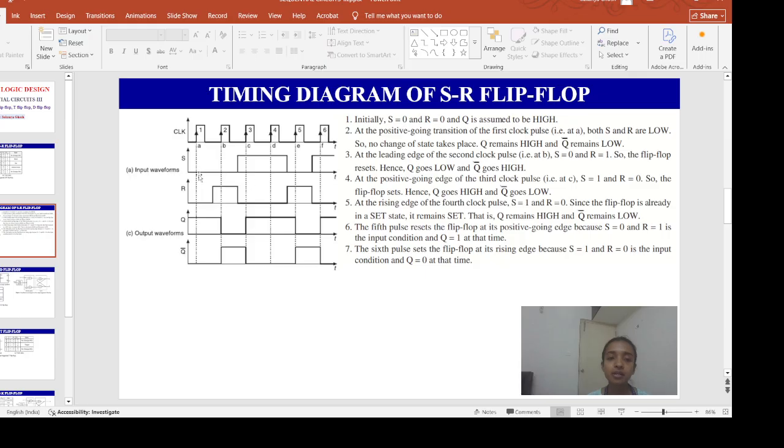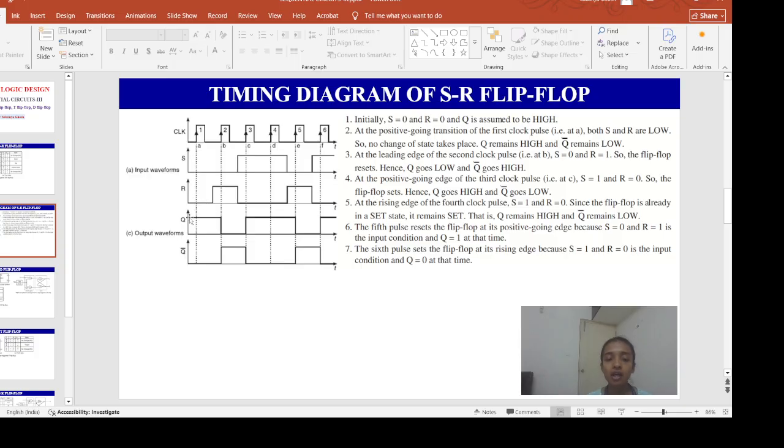You can see here, when both S and R are 0, Q is assumed to be high. At the positive-going edge of the first clock pulse, at point A, both S and R are low, so no change takes place.